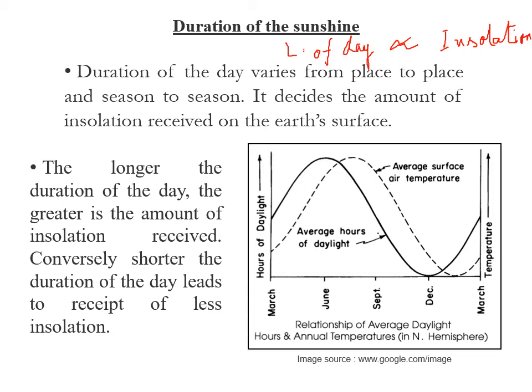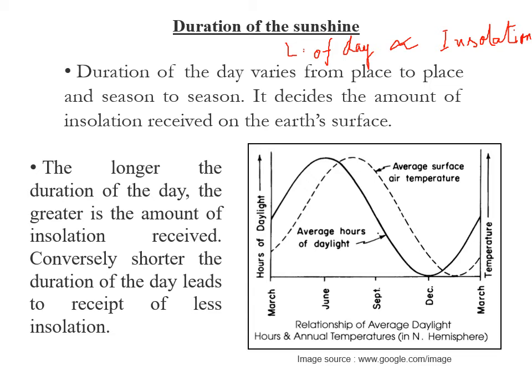Say for example, at this time when there is summer in the northern hemisphere, that means the northern hemisphere faces the sun, that means the northern hemisphere is closer to the sun, whereas in the southern hemisphere there is winter and that is relatively farther away with respect to the northern hemisphere.